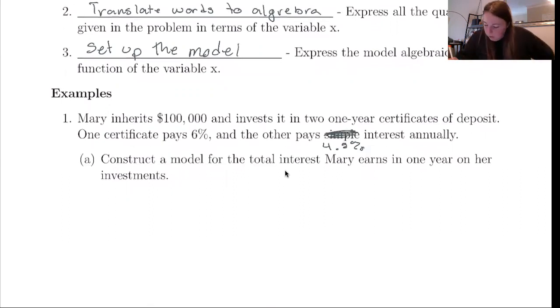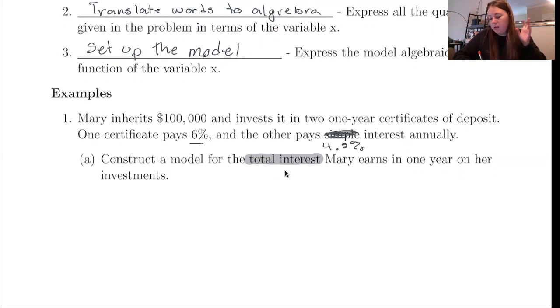All right, so construct a model of the total interest. I also like to highlight things when we're doing them. So, total interest Mary earns in 1 year on her investment. If you don't know about interest, it pays 6%. So whatever she puts in, she'll get an additional 6% every year.